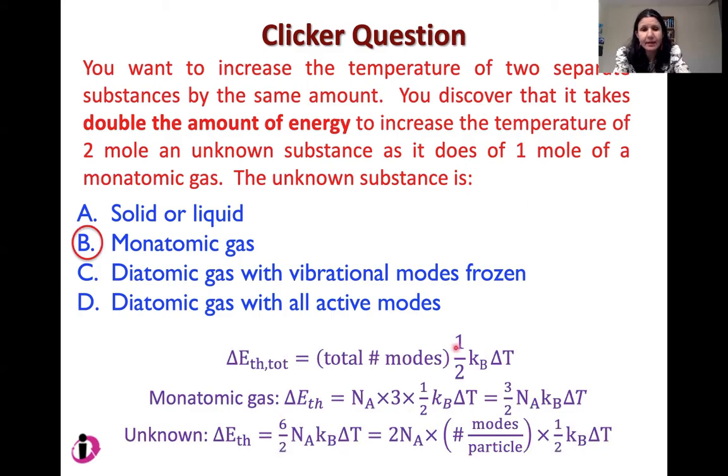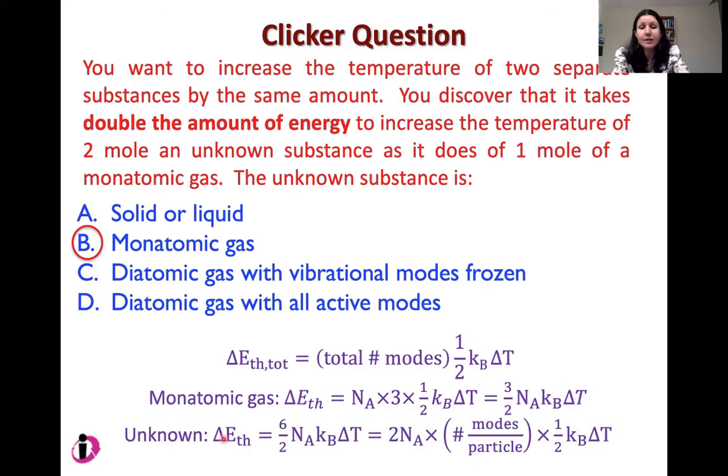So why is that? Let's start by figuring out the total change in thermal energy for a monatomic gas that we know, the known substance. So there's 1 mole of it. This 3 is the 3 modes per particle for a monatomic gas, and this factor of 1/2 kB delta T gives us 3/2 N_A kB delta T. So that's how much energy we put into a monatomic gas.